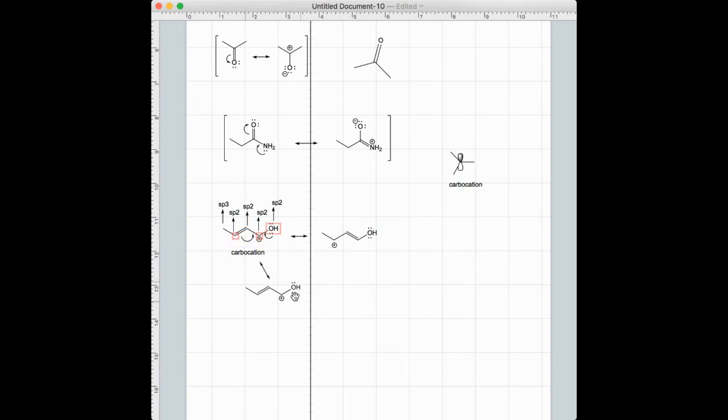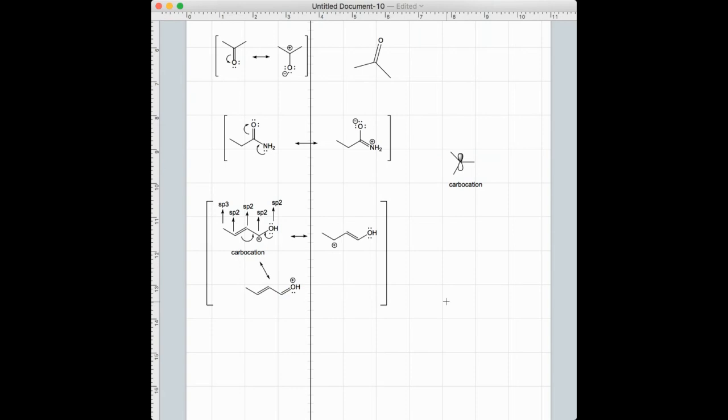The total charge of every resonance structure is the same. So I need to delete a lone pair, because that lone pair is being used for a new pi bond. And if that happens, now I'm left with an oxygen with 3 bonds, and that oxygen must be positively charged. And these will be my resonance structures.